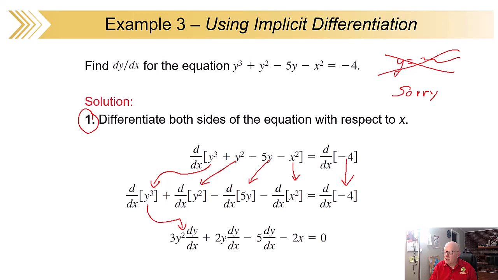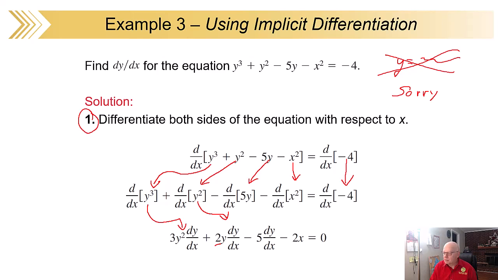First one, bring that 3 out front, drop the 3 to a 2 in the exponent, and since this isn't x and we're differentiating with respect to x, dy/dx becomes part of your family. Next one, a little bit more practice of the same sort. 2 out front becomes y to the first, and since this is a y and not an x, put in dy/dx.